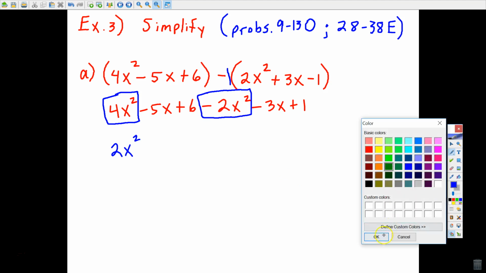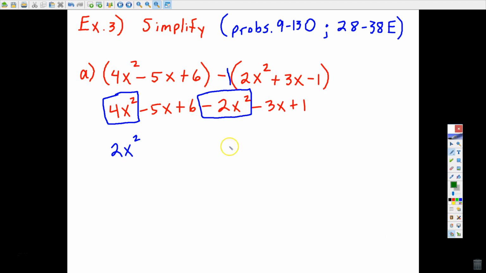Now in green, I'll circle another pair of like terms. -5x, -3x. Those are like terms because they have the same variable, and those variables have the same exponent. They're both exponent 1. So I just operate with the coefficients. -5 minus 3 is -8x.